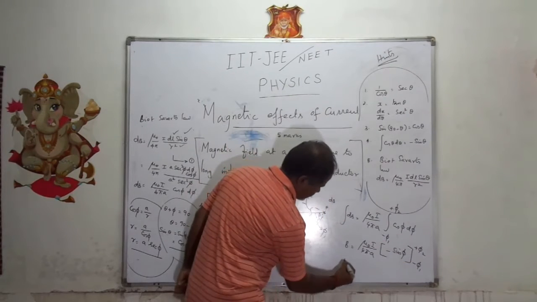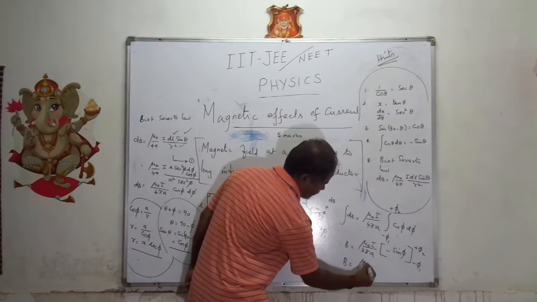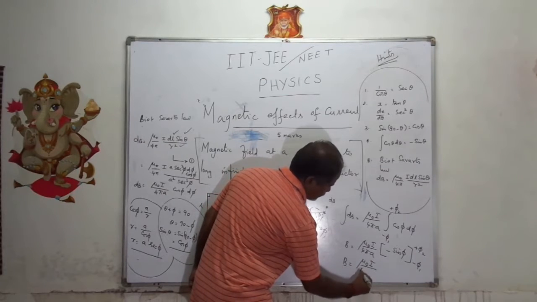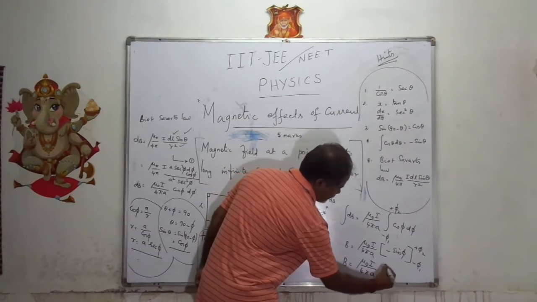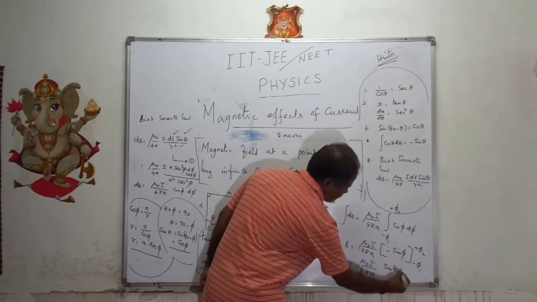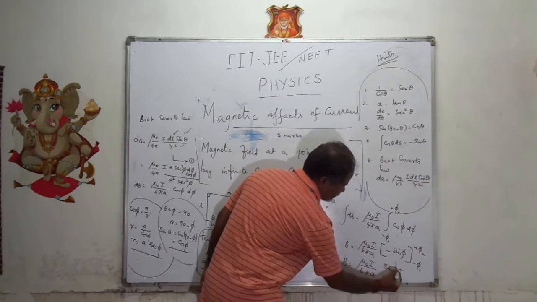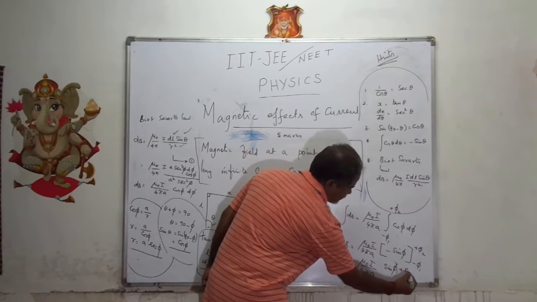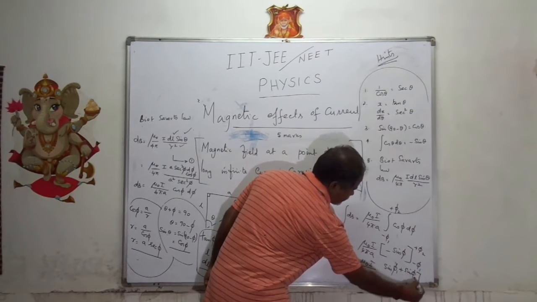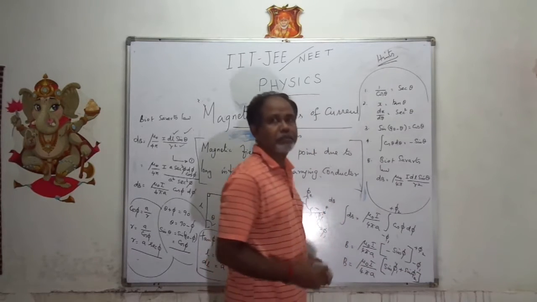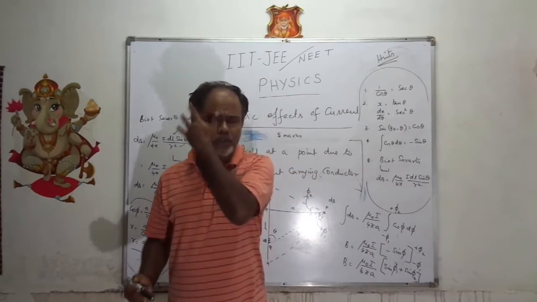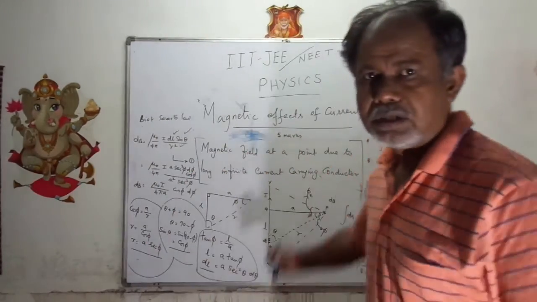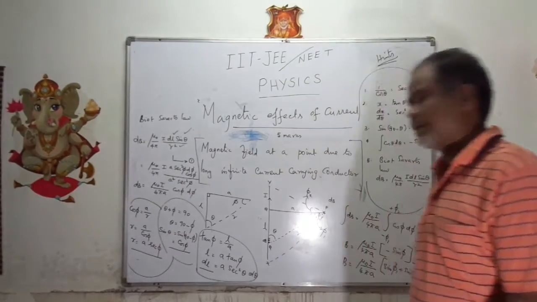Then B is equal to mu naught I by 4 pi a, times sin phi 1 plus sin phi 2. This is the total magnetic field produced by a long infinite straight conductor.